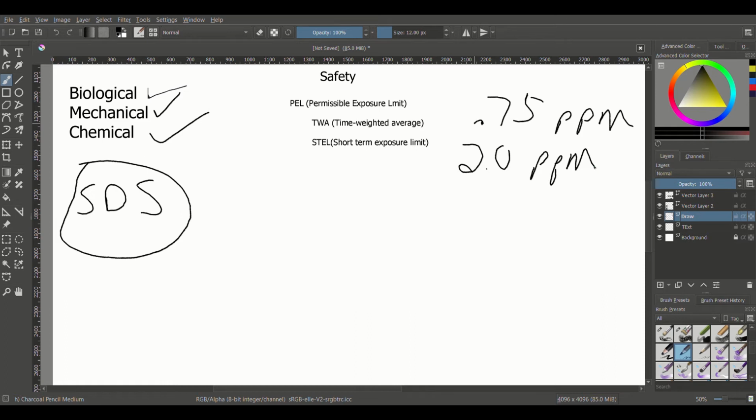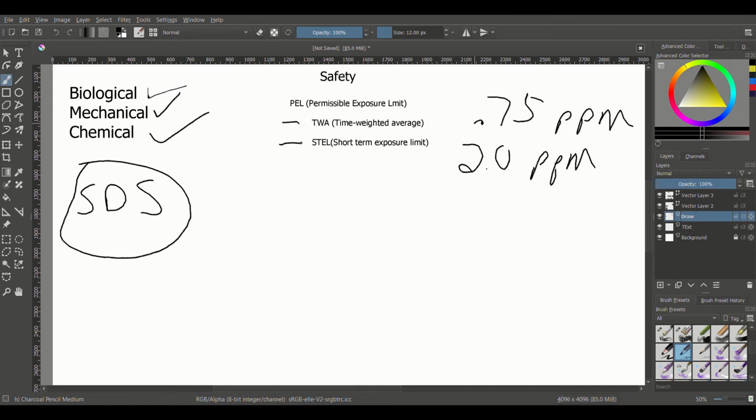When we're measuring that permissible exposure limit, it comes in two flavors: your time-weighted average and your short-term exposure limit. If either of these is exceeded during an inspection, or any kind of internal testing that you're doing in your laboratory to maintain safety, then some sort of action has to be taken. It might be advanced monitoring, or it could be an actual change in procedure that lowers this exposure.